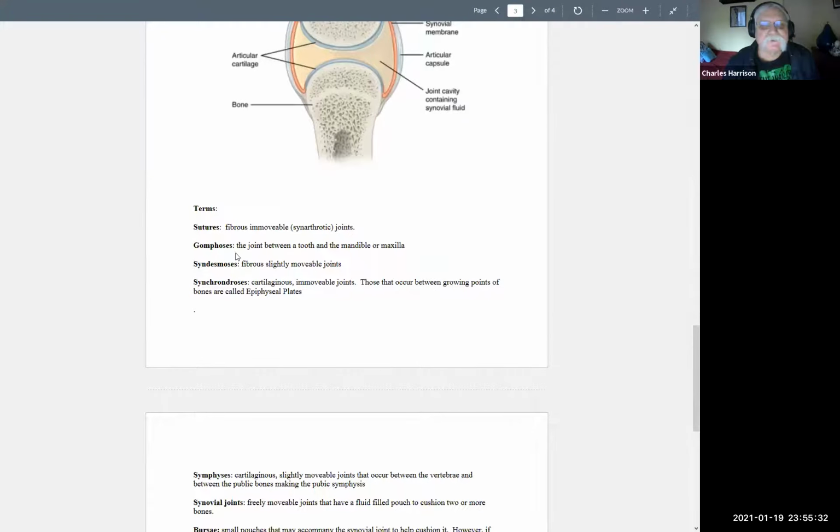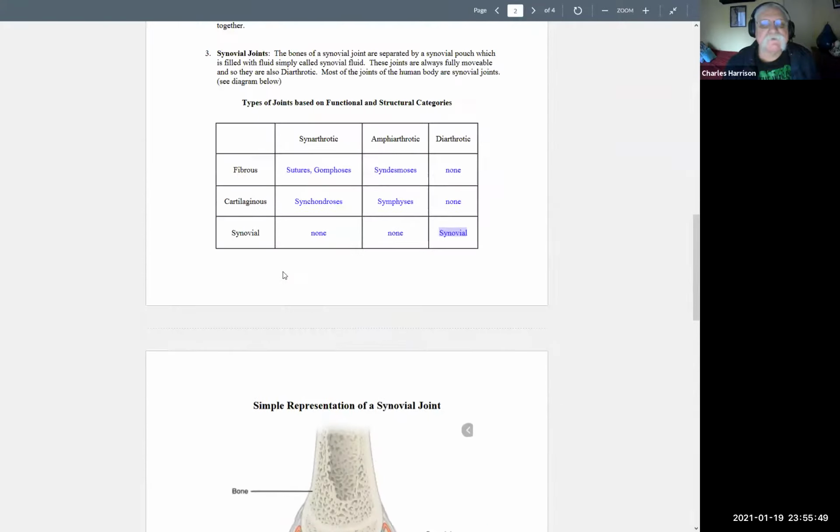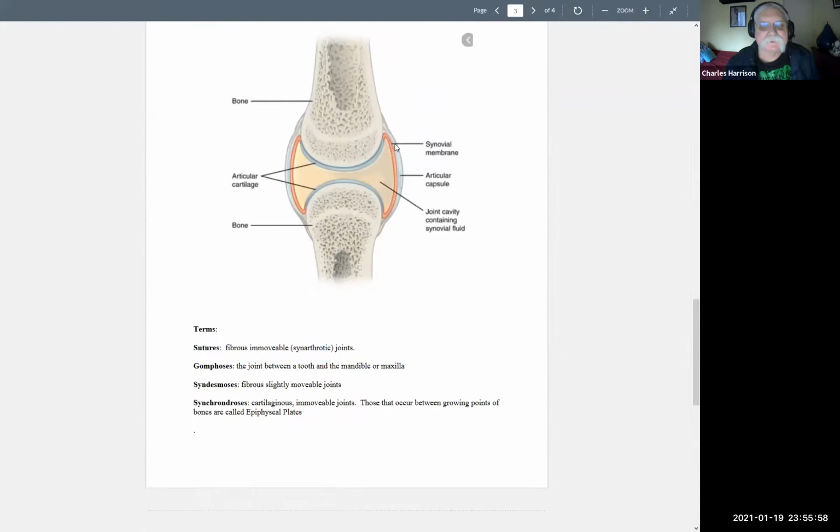Gomphoses, these are the joints between the tooth and the mandible or the maxilla. Syndesmoses, these are fibrous, slightly movable joints. Here's syndesmoses, fibrous, slightly movable, or we can say amphiarthrotic.